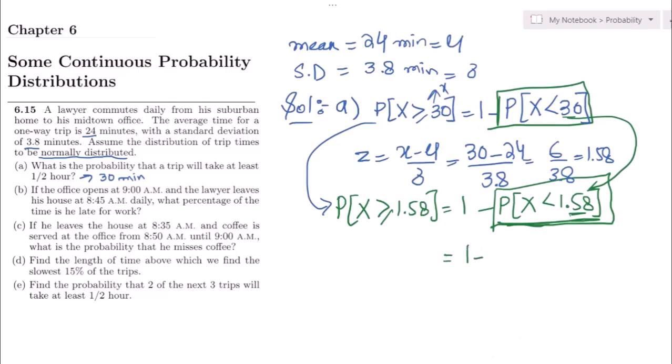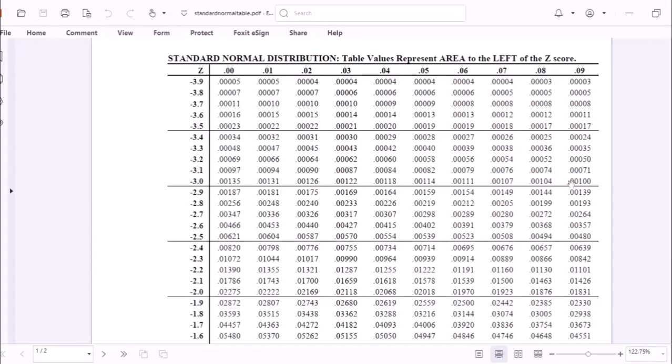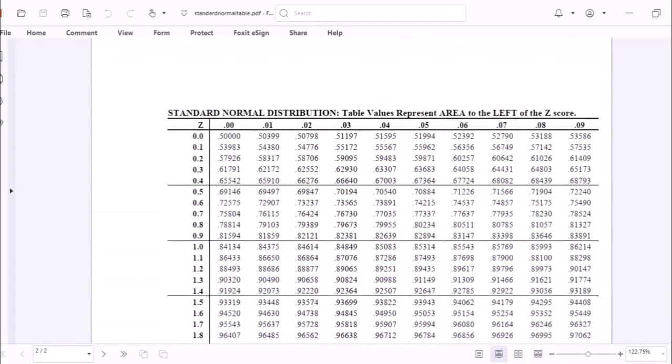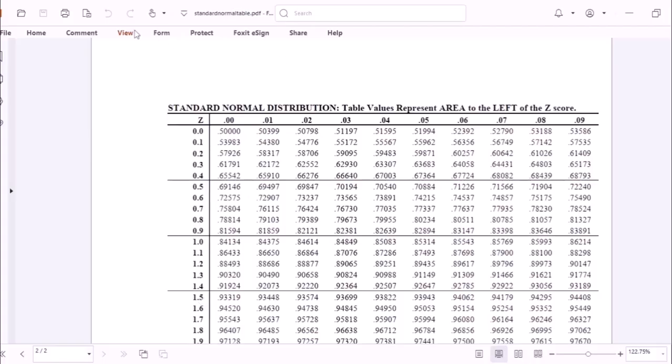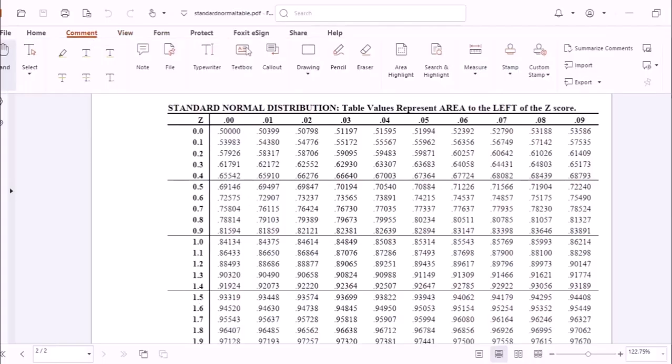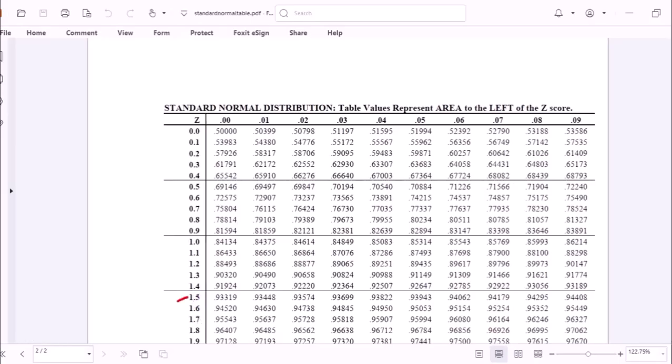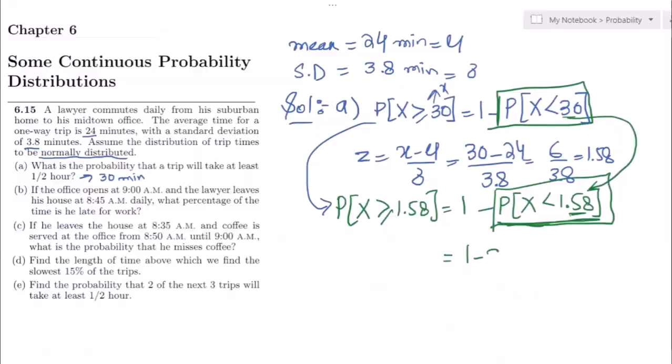So let me find it from the z table. 1.58: 1.5 is here, and this is the column for 8. So the value for 8 is 0.9429.